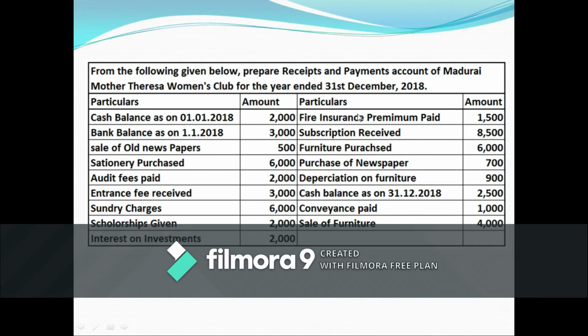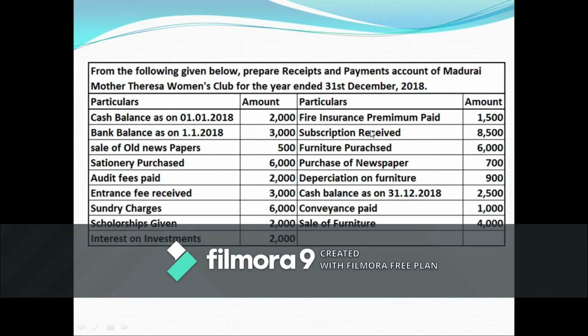Here they have given particulars and amounts: opening balance of cash, opening balance of bank, sale of old newspaper, stationery purchase, audit fees paid, entrance fees received, sundry charges, scholarship given, interest on investment, fire insurance premium paid, subscription received, furniture purchased, purchase of newspaper, depreciation on furniture, closing balance, conveyance paid, sale of furniture. Here they have given the sum of the transactions.